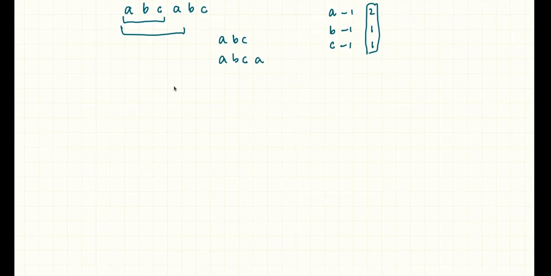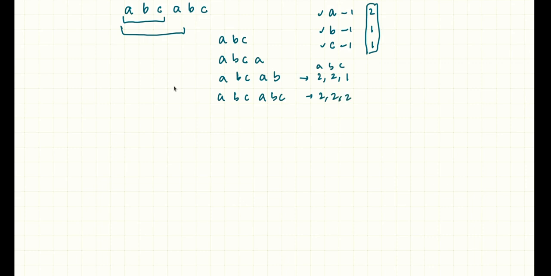It contains at least these characters, right? Another substring would be ABCAB. Here it contains two A's, two B's, and one C. The next substring could be ABCABC. Here it contains 2, 2, 2.